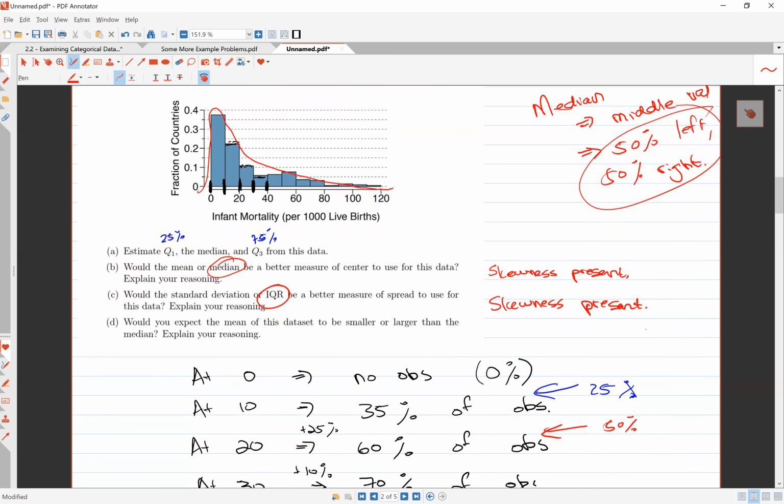And finally, part D asks, which value would be larger, the mean or the median? And remember what the skewness does. Skewness puts values far away from the center. Which measure is sensitive? The mean is the one that is sensitive. So the skewness pulls the mean up in the direction of the tail.